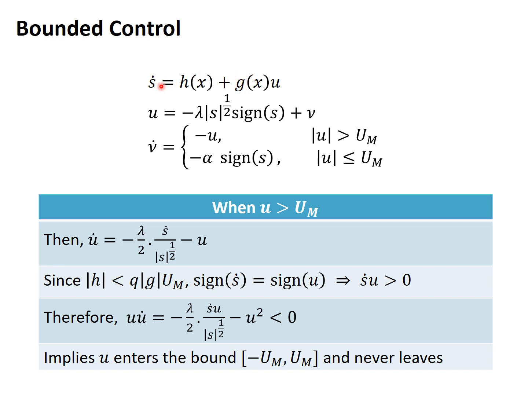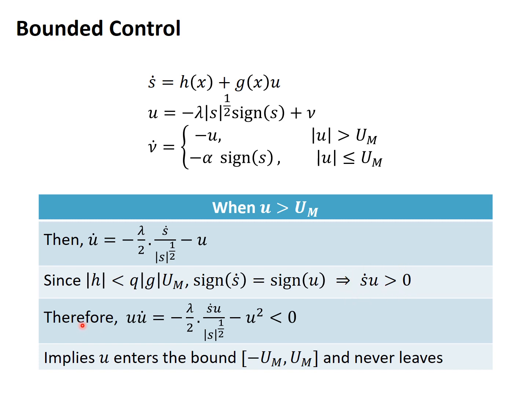So, what we conclude is that the sign of S dot depends on the sign of U. So, the sign of S dot is equal to the sign of U. If we can say this, then it is implied that S dot U is greater than 0, because both have the same sign. Even if they both are positive, it is greater than 0; if both are negative, it is also greater than 0. So, how does this serve us?